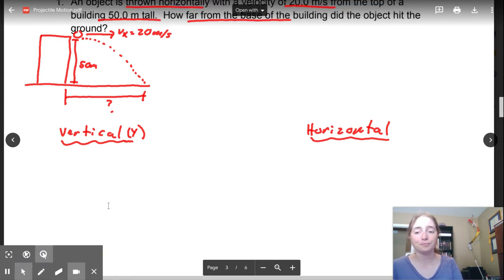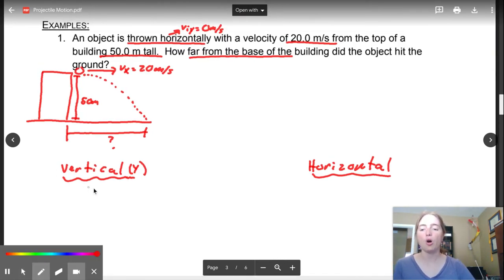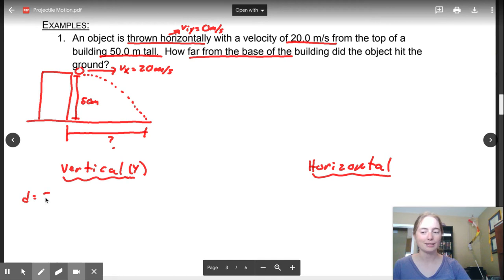So let's look at the information that we have available. On the vertical, we have 50 meters. Well, that's height, but remember, height is distance. So we know we have a distance of 50 meters, or a vertical displacement of 50 meters down.